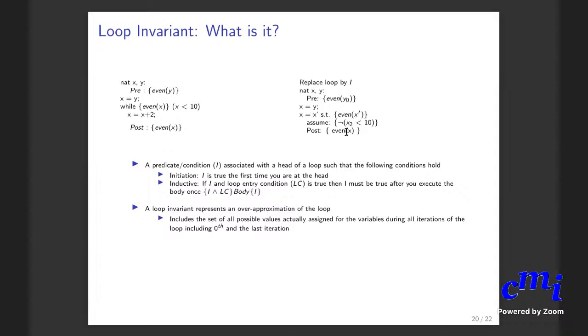So in that sense, if I include the loop invariant, it includes all those things. It's an over approximation because it doesn't precisely capture the exact values that they take.